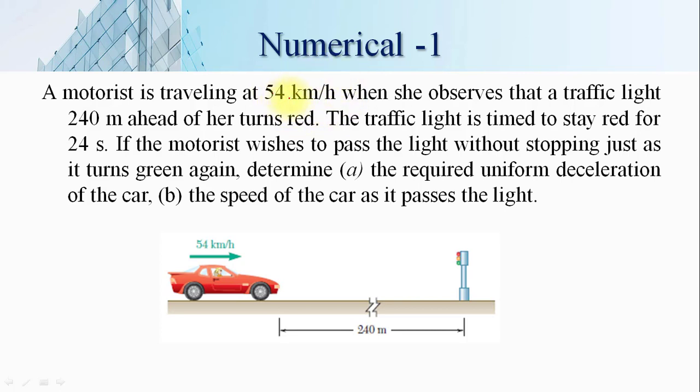So 54 into 1000 divided by 3600 will give you its value in meters per second. Then the traffic light is 240 meter ahead, meaning the distance is given. So S we can consider as 240 meter, and the traffic light is timed to stay red for 24 seconds. It means the time is given, that is t equal to 24 seconds.